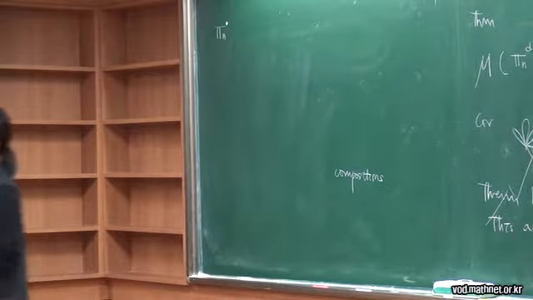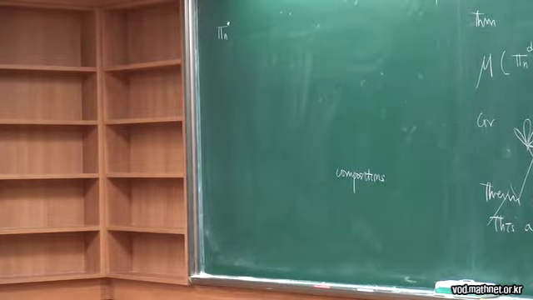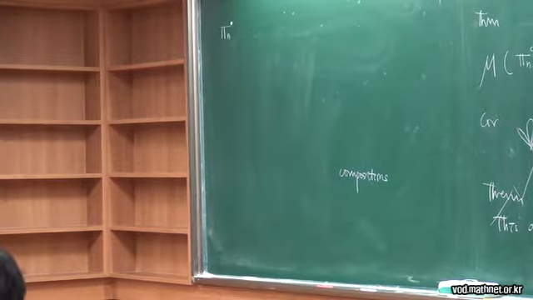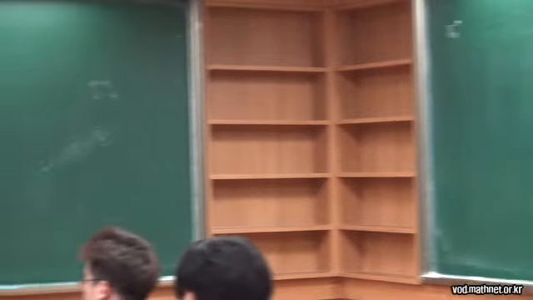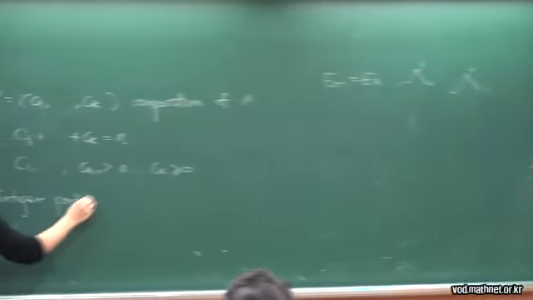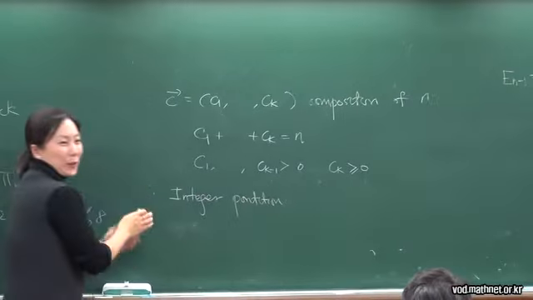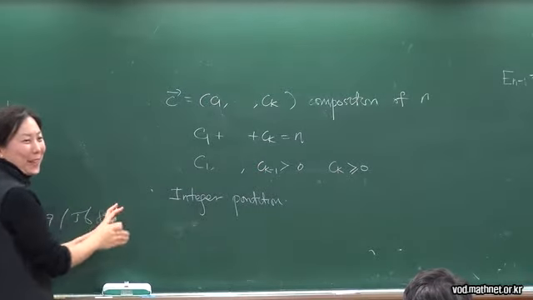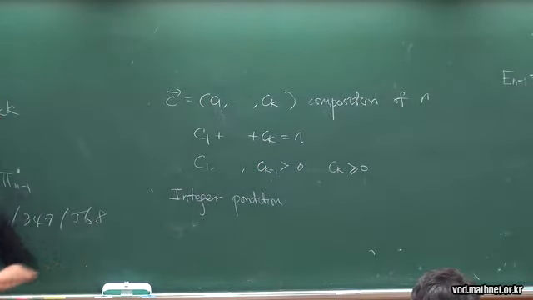Because we did the set partitions, we will have the integer partitions. This is the last structure, believe me. So, integer partition, what is this?